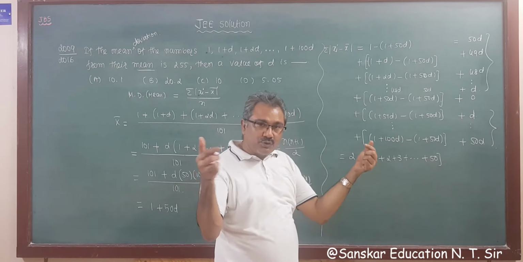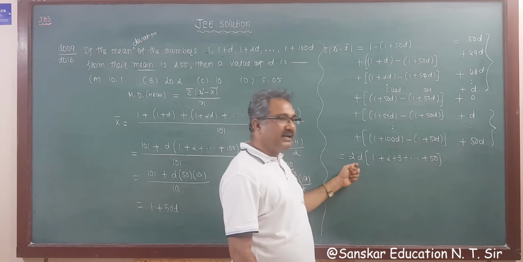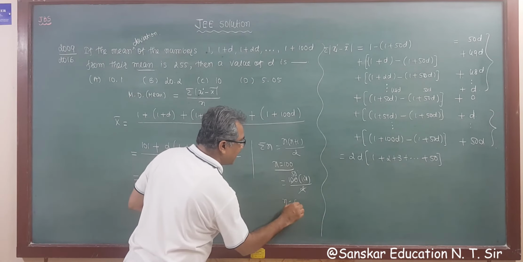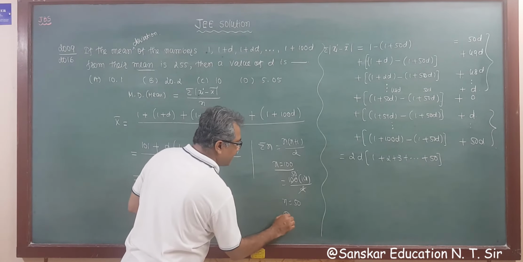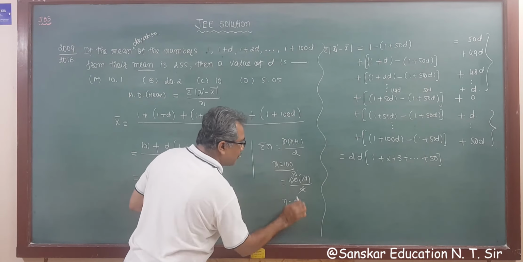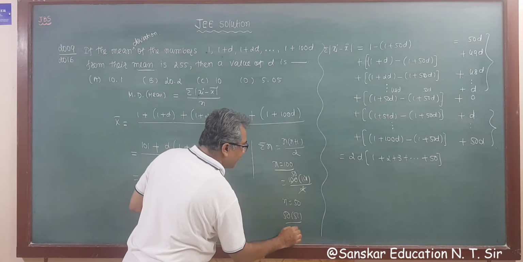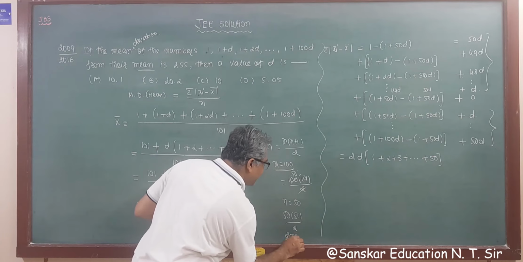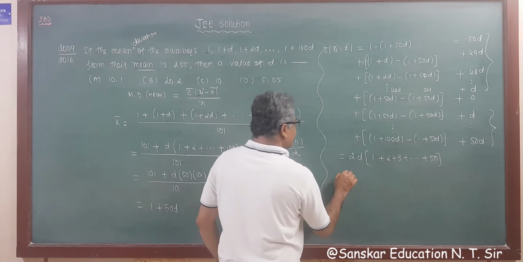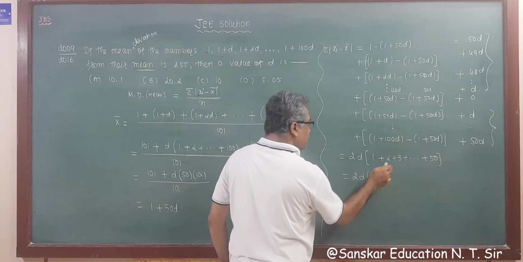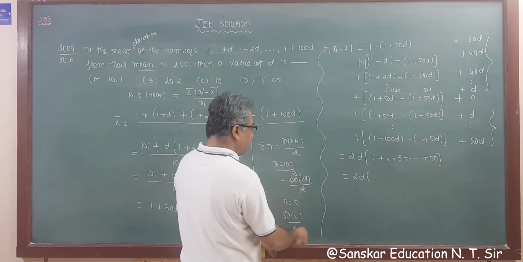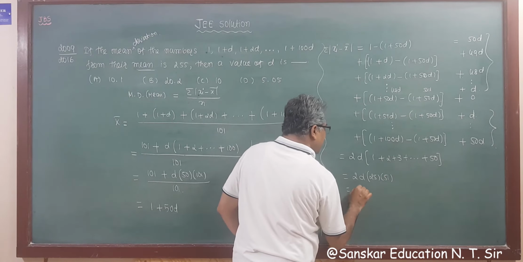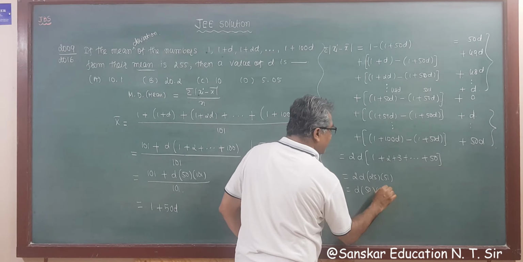So we have 2 times these observations, taking d common. Now the sum of 50 terms, with n equal to 50, is 50 into (n plus 1), that is 51, divided by 2, which is 25 into 51. So this is 2 times d into 25 into 51, that is d into 50 into 51.